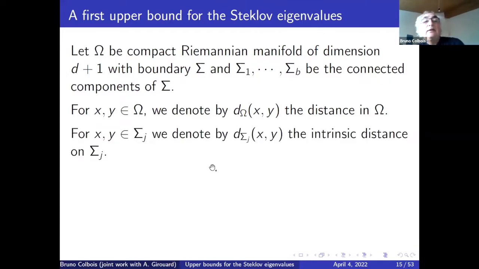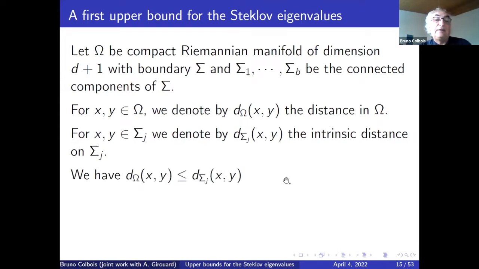But now, if I take two points on the boundary, of course, I can take the distance inside the manifold, but I can also take the distance in the boundary. One speaks here of extrinsic distance and here of intrinsic distance. They are not the same in general. The extrinsic distance is less than or equal to the intrinsic distance.